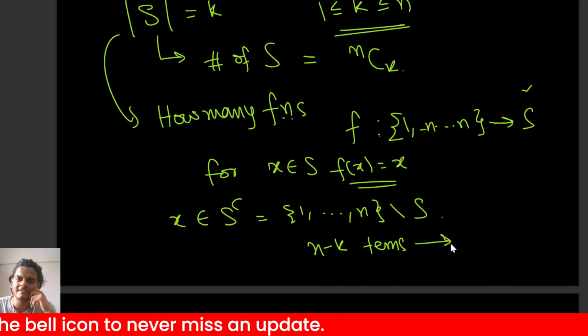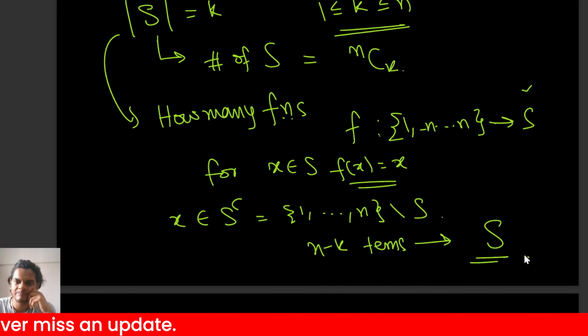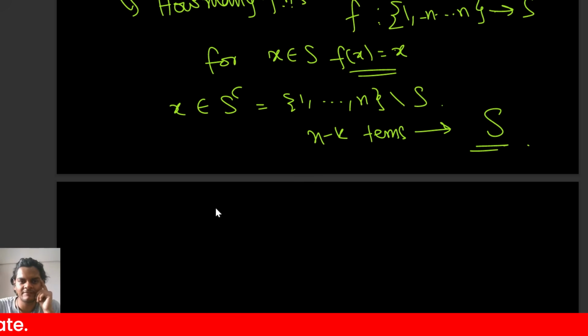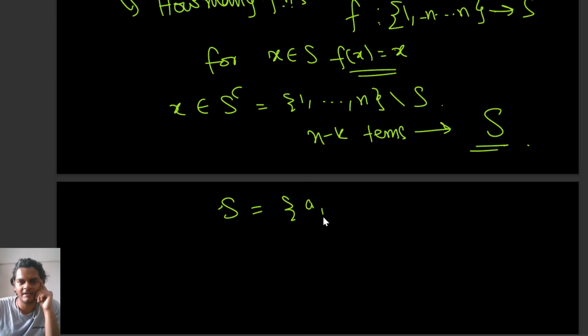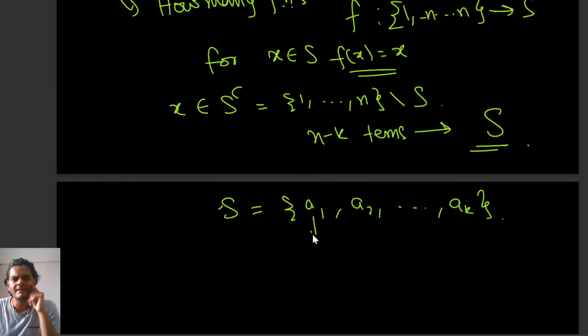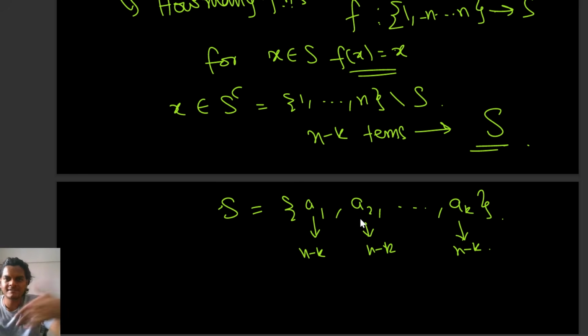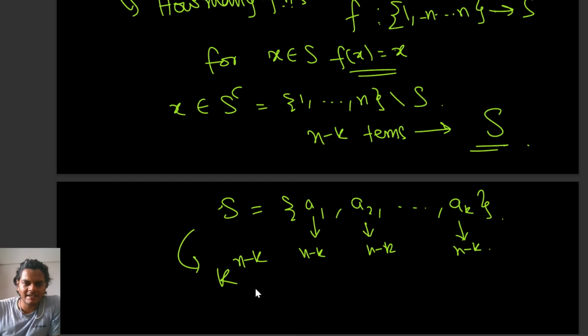They have to be assigned some value in S. That means if S is, suppose, a1, a2 till ak, each of them has k options, creating that many functions. So we will get k power n minus k functions.